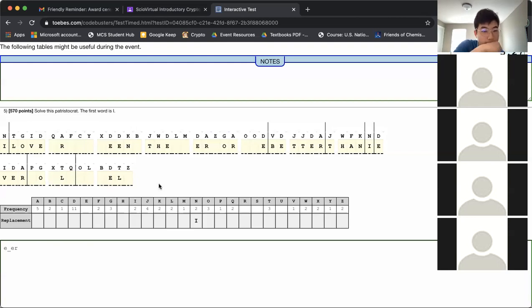Wait, hold on. It does seem a little weird. Okay, it might not be a 5-letter word. I really want to get what OOD is. It's just such a weird word.